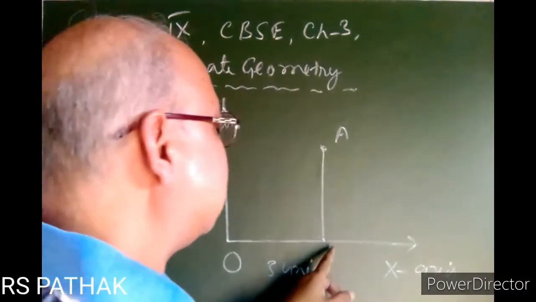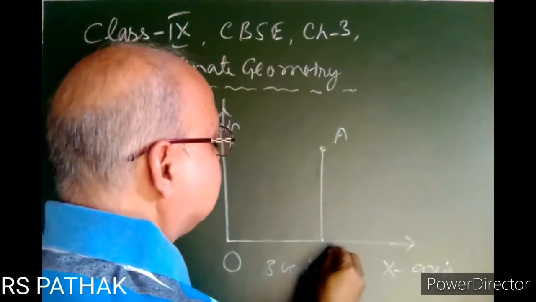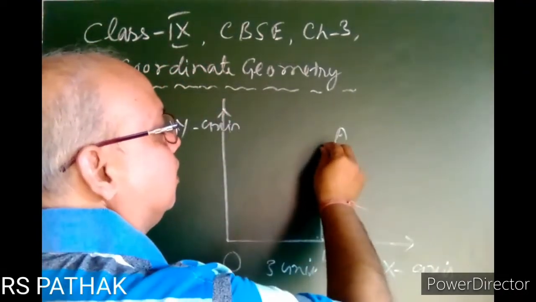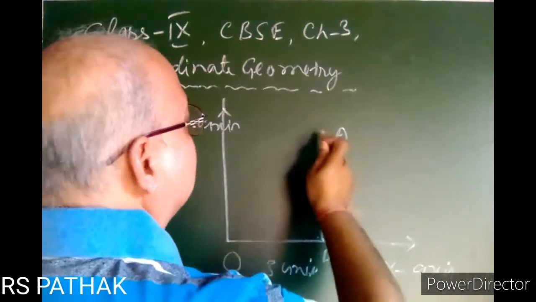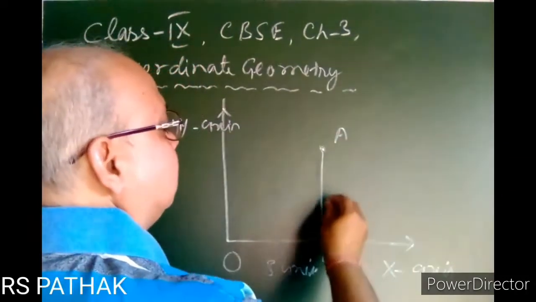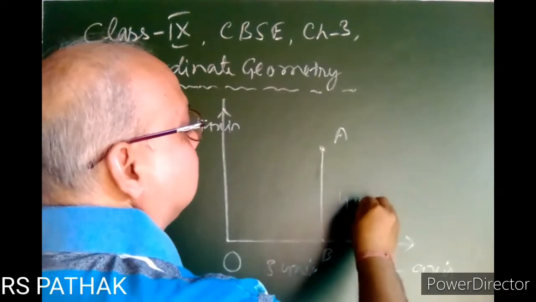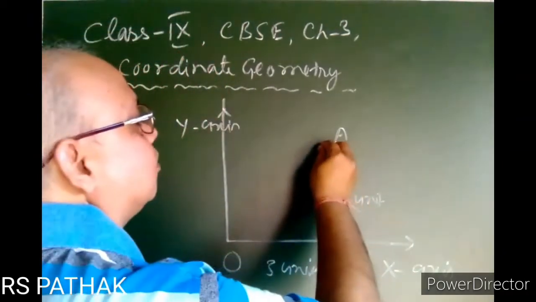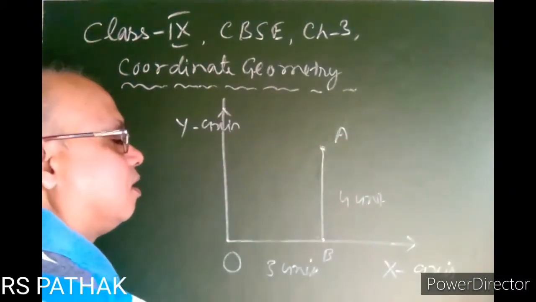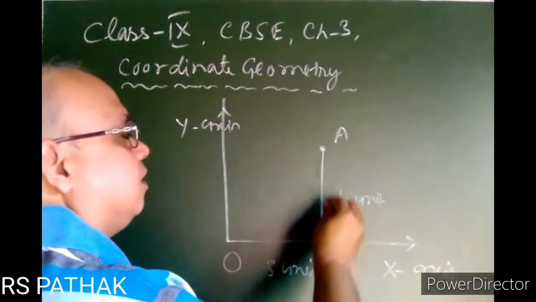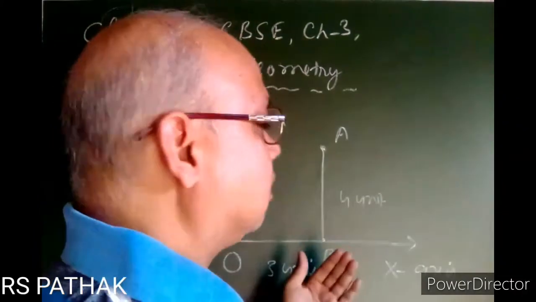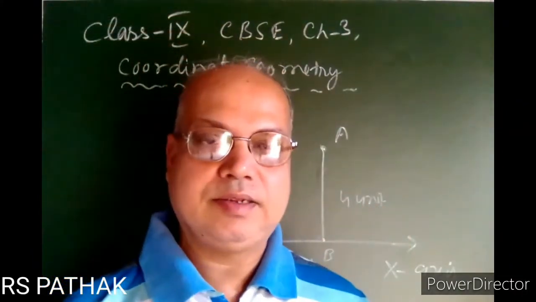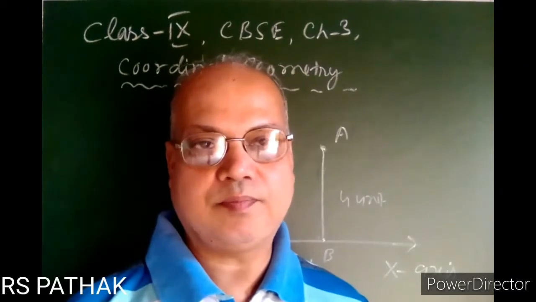Then after reaching this point B, you will reach A along the y-axis. Let us suppose this distance is 4 units. Then you will reach the point A. This is called the Cartesian system or coordinate system.